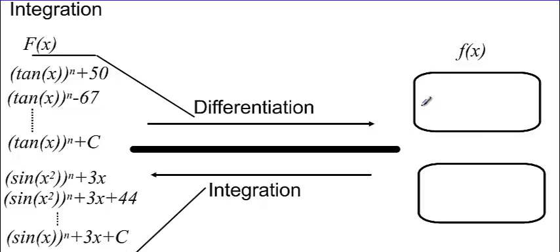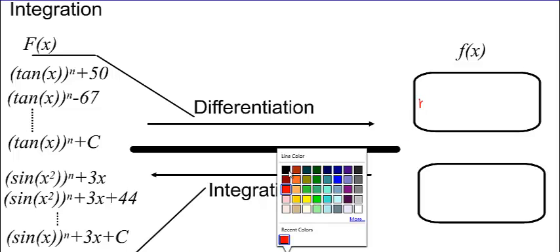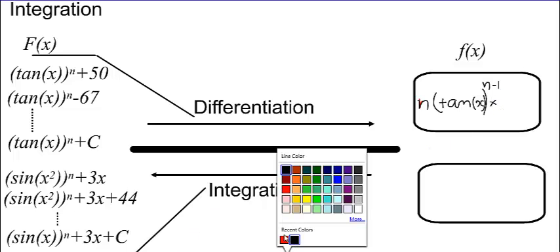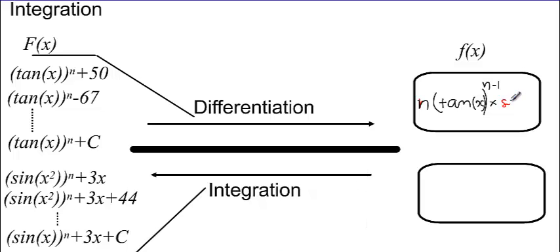No, please, it's n multiplied by, in brackets, n, in brackets, tan x, close bracket, n minus 1, multiplied by sec squared x. All together.